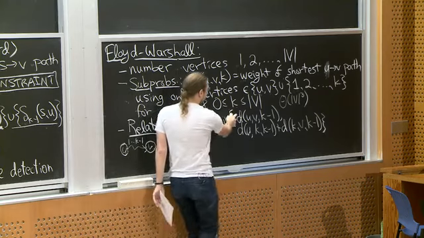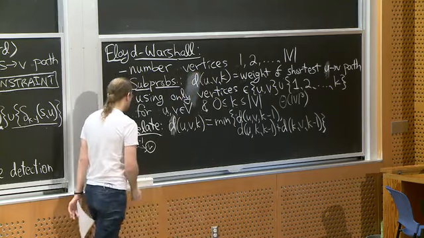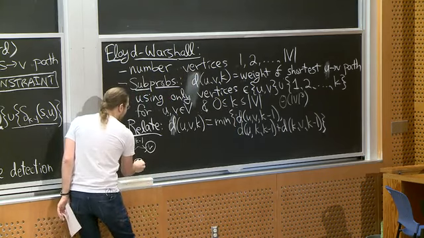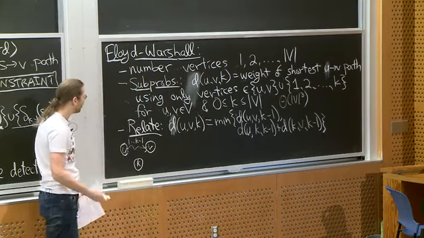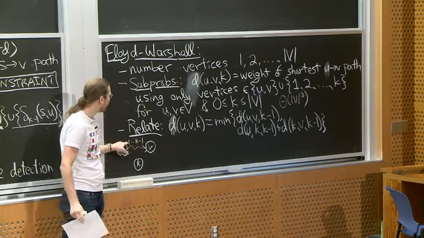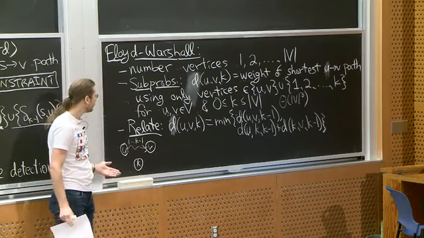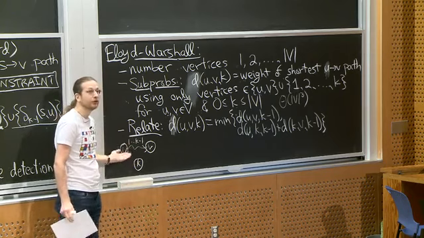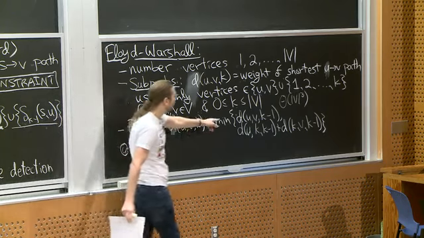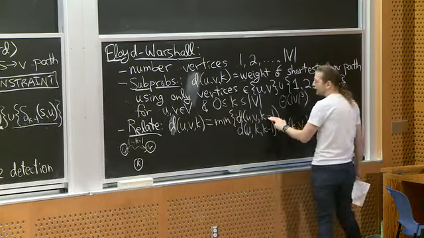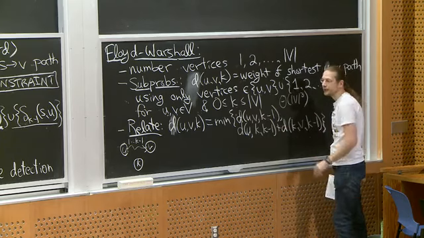That's what this quantity is. Now we're trying to add in this vertex k and think about what are all the paths that could go from u to v using 1 up to k. Well, it could be the shortest path from u to v using 1 up to k doesn't use vertex k. That's the first option. Just use vertices 1 up to k minus 1. Maybe we don't need to use k.